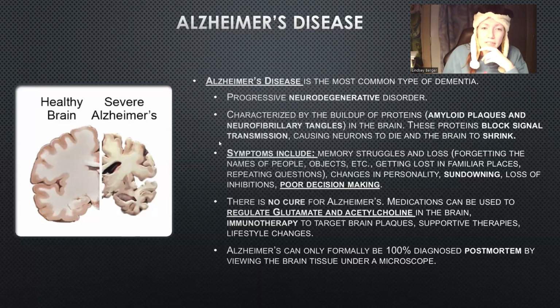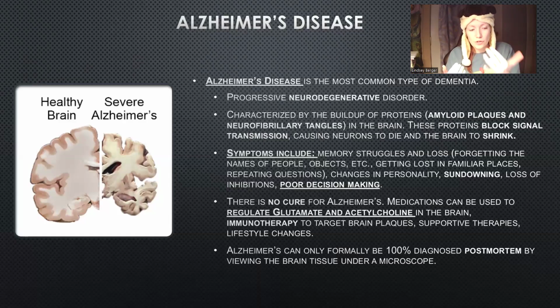One of the things that makes Alzheimer's different from other types of dementia, and why we look at the tissue under a microscope post-mortem, is that it is characterized by certain proteins called amyloid plaques, and another one called a neurofibrillary tangle. And those proteins are visible. So basically, these proteins start blocking the signals that neurons are sending to each other.